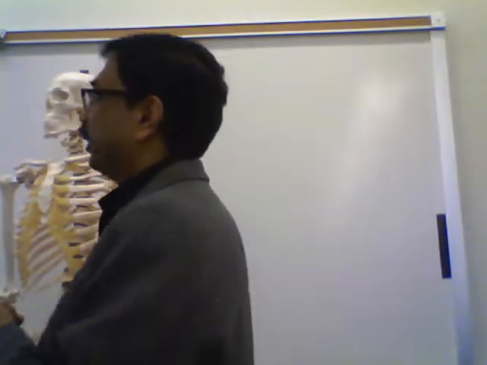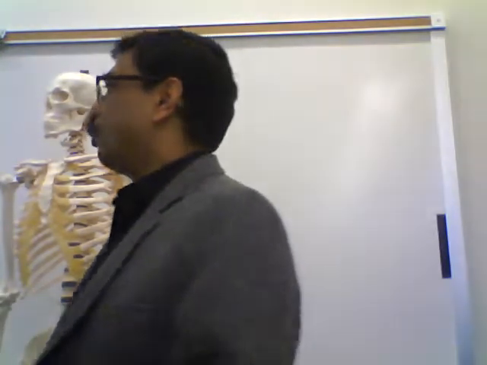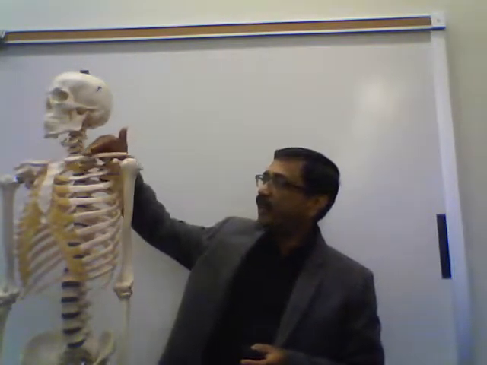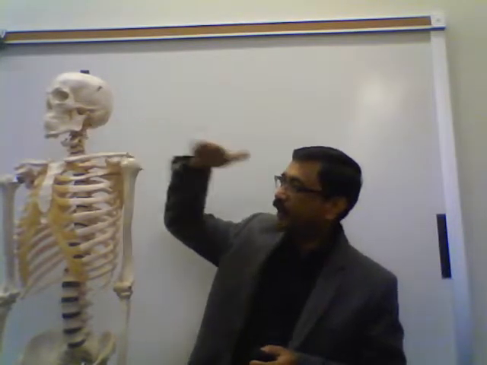Here you see the pectoral girdle, clavicle anteriorly and scapula posteriorly, and they join at the acromioclavicular joint. We'll talk about those two bones, the clavicle and the scapula. The clavicle is a long bone placed horizontally this way.